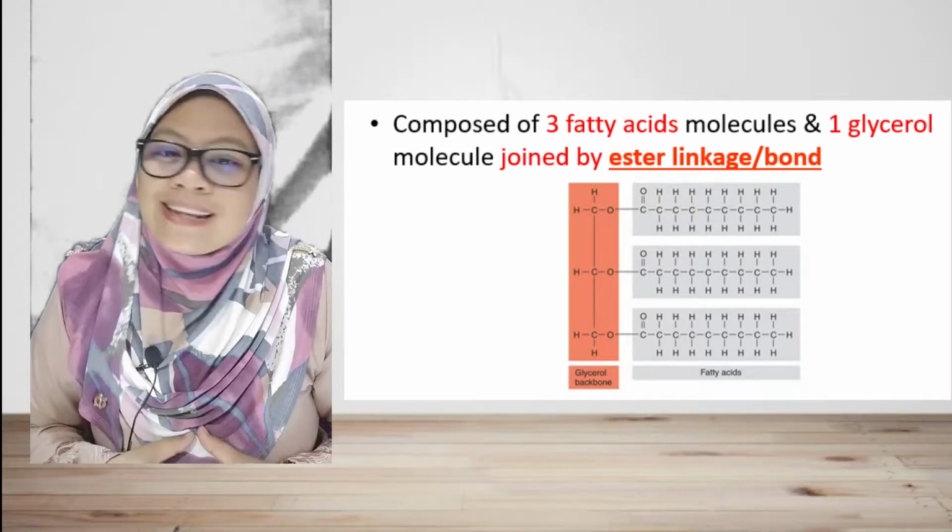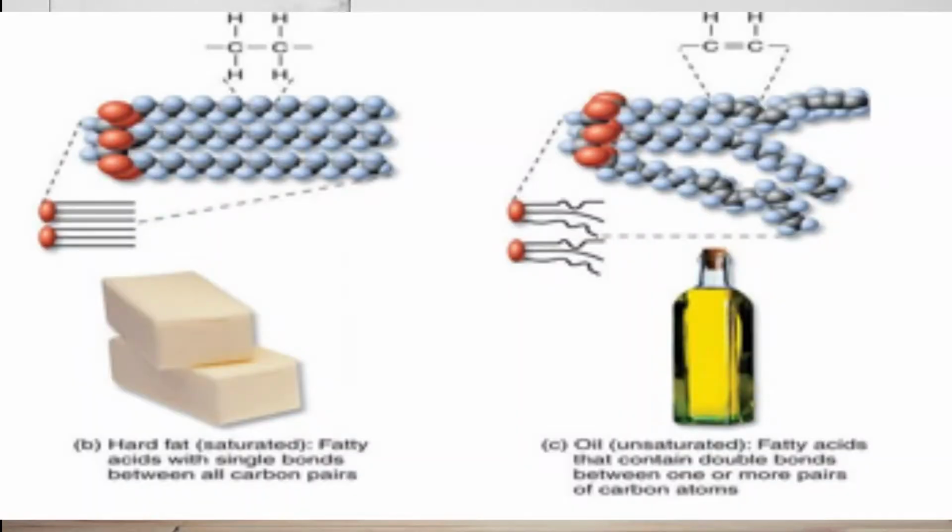Whether the triglyceride is oil or fat is due to the fatty acids that build up the triglyceride. If the fatty acid has 1 or more double bonds at the hydrocarbon chain, which is at the R group, the fatty acid is called unsaturated fat. So the triglyceride is in the form of oil at room temperature.